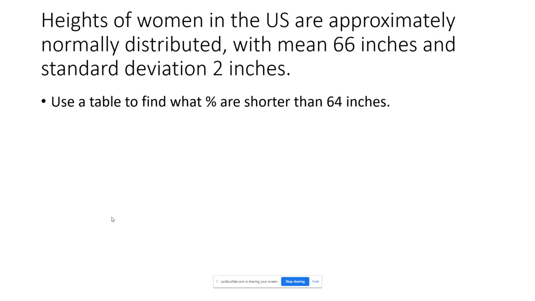So we want to start by converting our x variable that has a mean of 66 and standard deviation of 2 into a standard normal. So z is equal to 64 minus 66 divided by the standard deviation of 2. So we get negative 1.